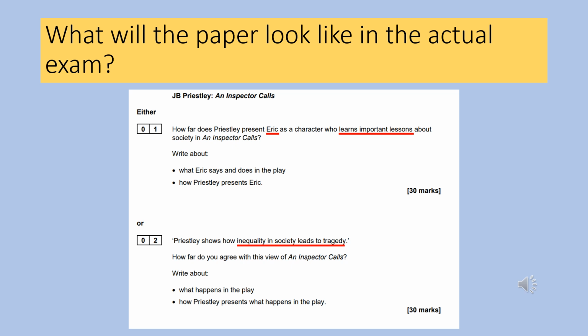So with Eric, you might bring in wider themes such as the class divide, exploitation that Eric later is part of. It might look at the fact that he represents the younger generation. Whereas in the theme question on the bottom, where Priestley shows how inequality in society leads to tragedy, you would most likely bring in characters alongside that theme and other themes that link back to that idea of inequality.